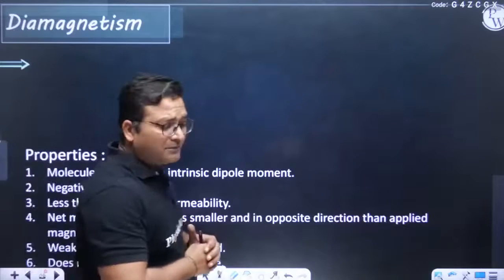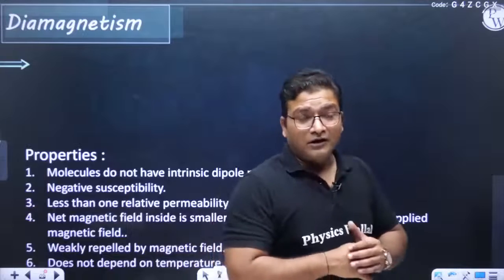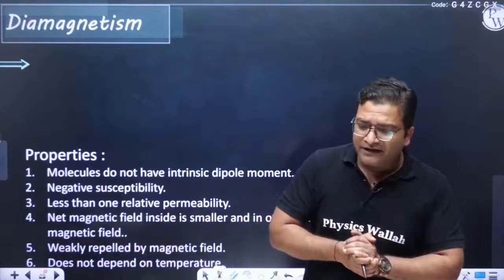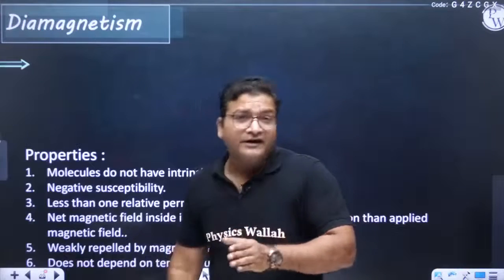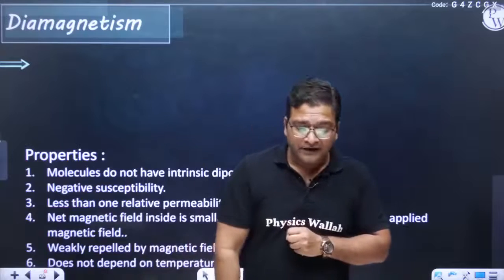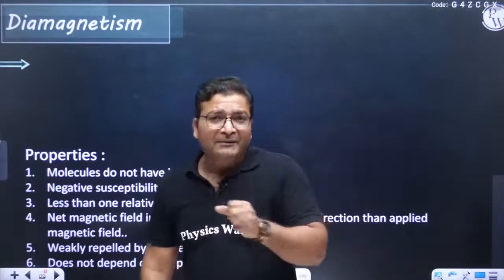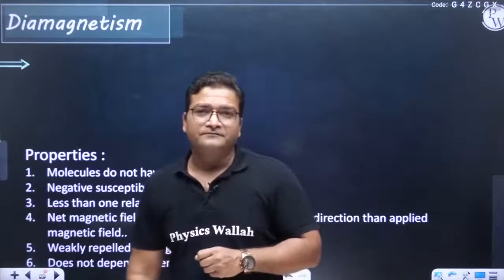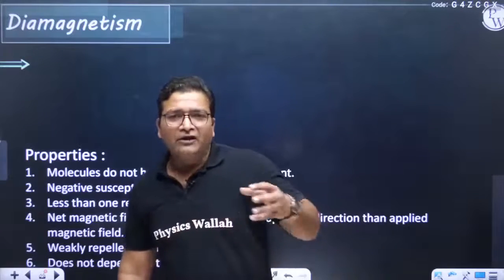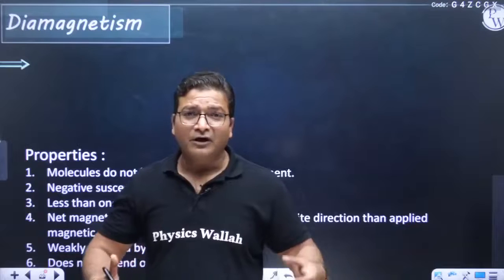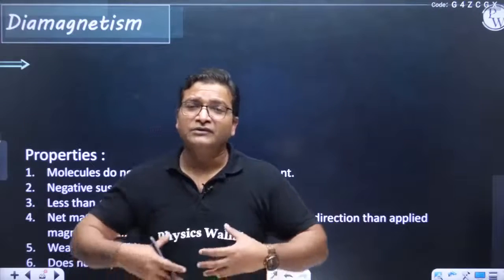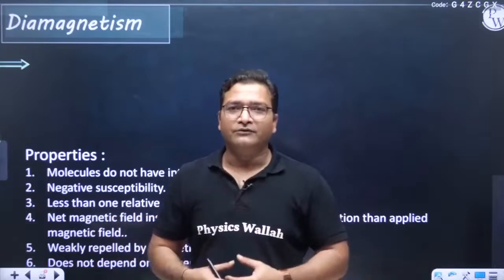And the third magnetic property is diamagnetism. Actually, let me tell you about diamagnetism. It is present in every material. It is also present in ferromagnetic materials and in paramagnetic substances, but it is a very weak effect. So if a property like ferromagnetism or paramagnetism exists, the diamagnetic effect becomes too weak to take into account.